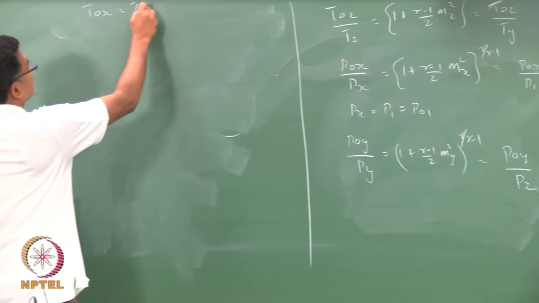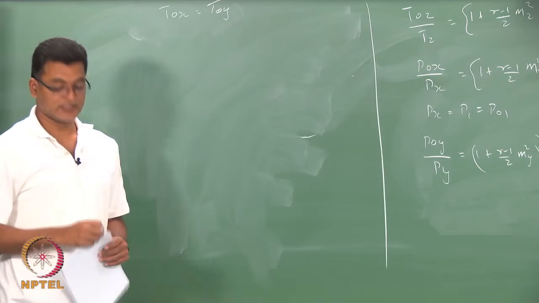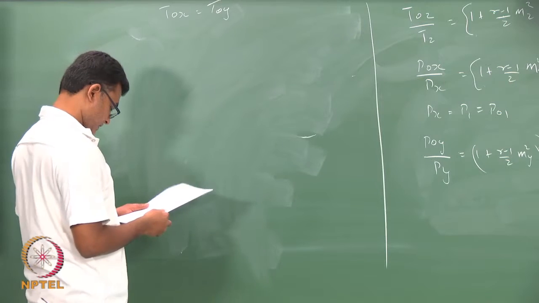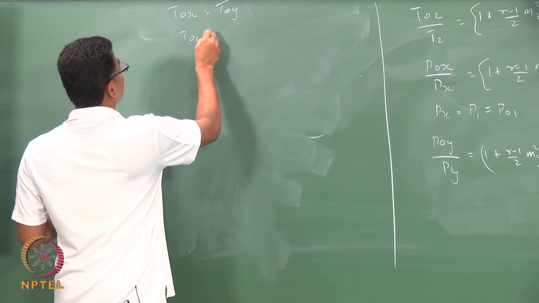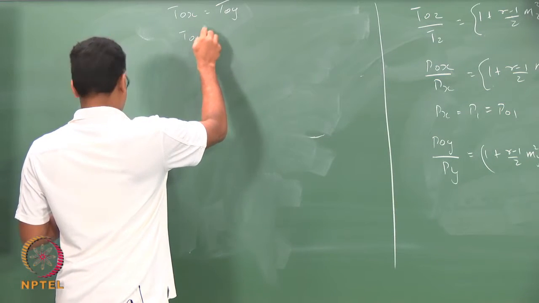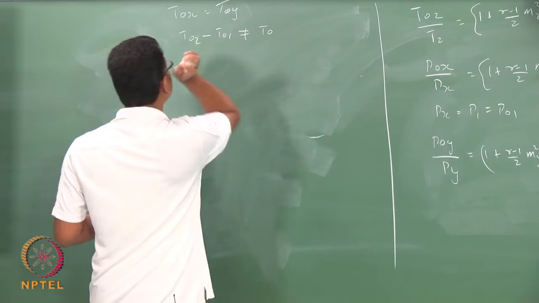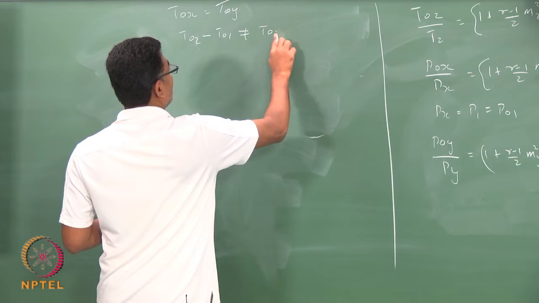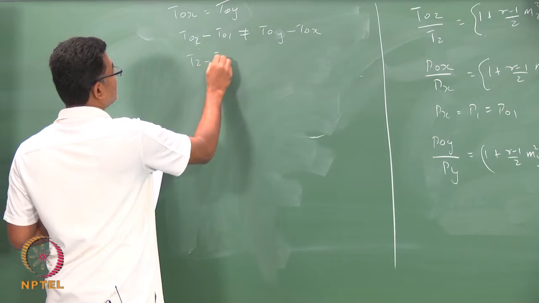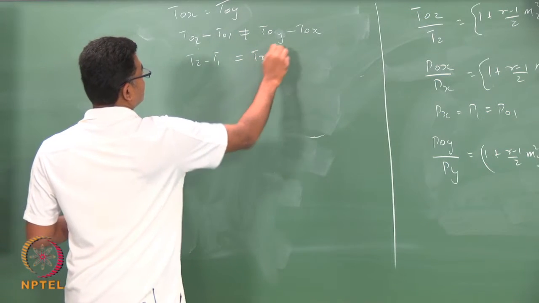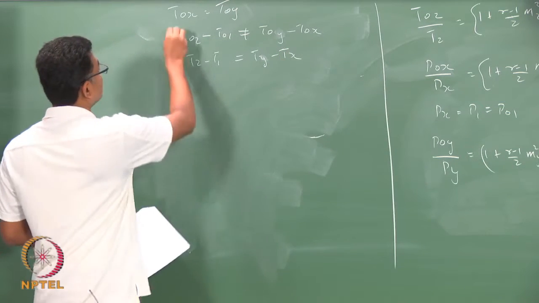So, we know across the standing shock, which is my moving coordinate system, my T0x equals T0y. So, you can eventually try to find what is T02 minus T01, which is not equal to T0y minus T0x, whereas my T2 minus T1 is same as my Ty minus Tx. So, you can show this.